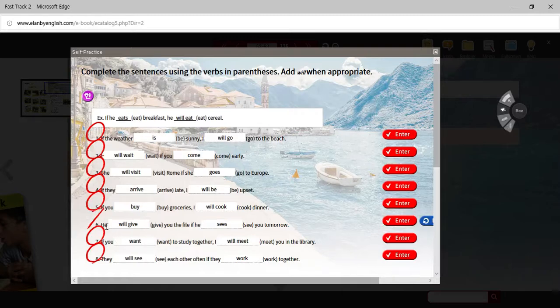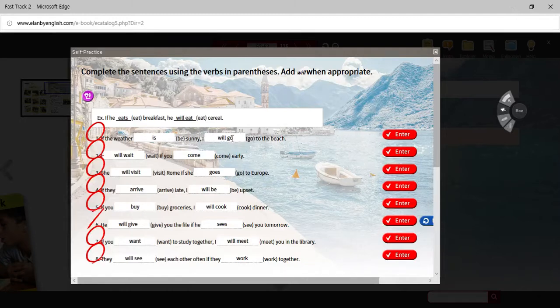And number 6, I also got wrong, apparently, but everything is correct. He will give you the file if he sees you tomorrow. So again, with all the if clauses, we're just simply showing the verb, and then the resulting clause has will. So that's why we call it first conditional. If is the conditional with will.